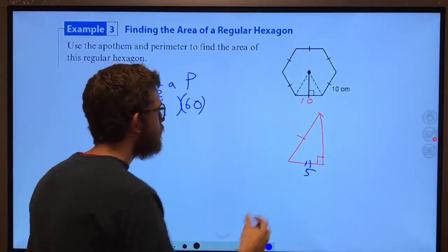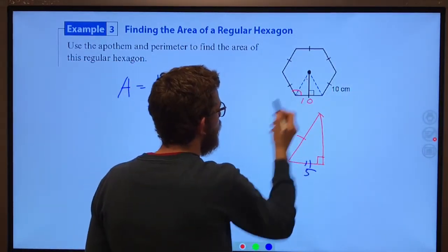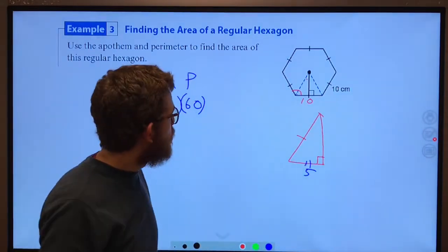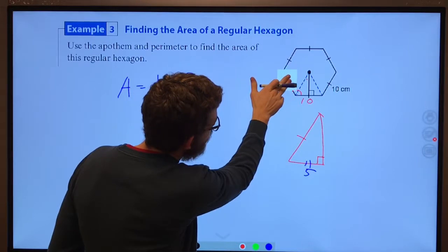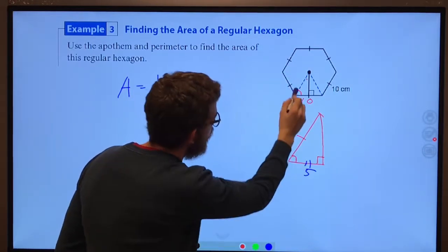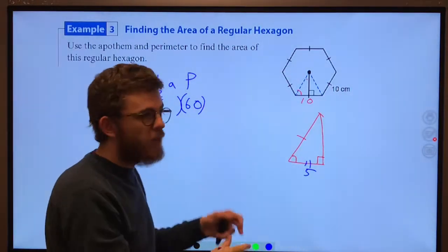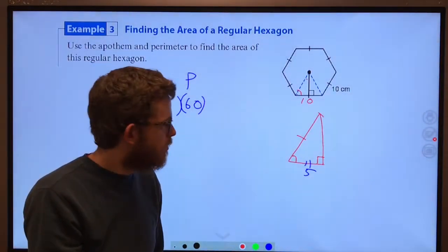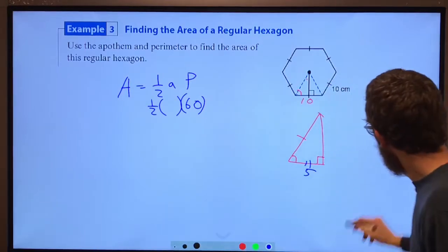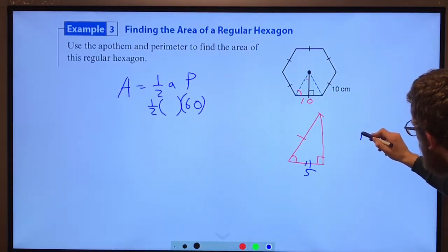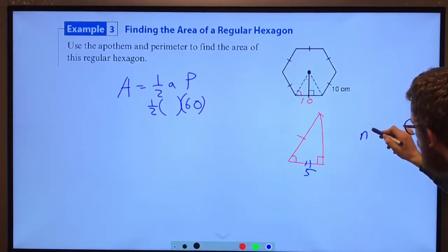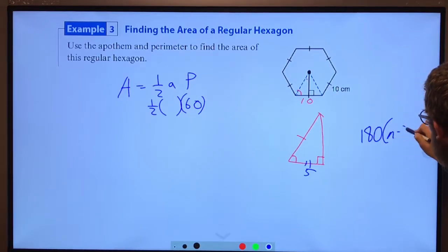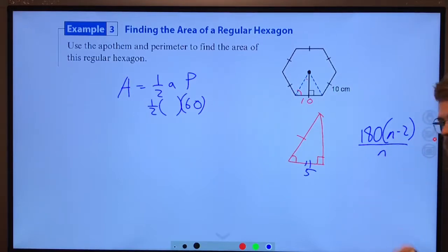But if we can use special right triangles, then we're going to be good. So I'm going to find the measure of that angle right there, because then I know I could cut that in half, and that would be the angle measure right here. So I'm going to find the interior angle of a hexagon. Remember that is 180 times n minus 2 divided by n.